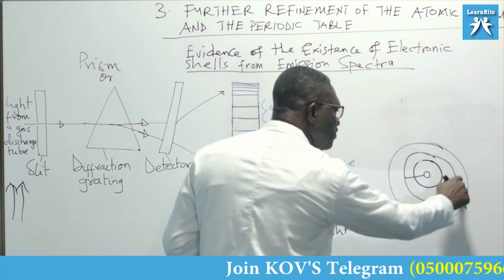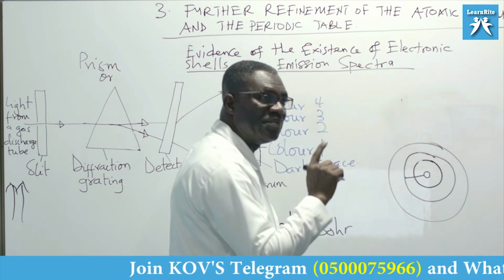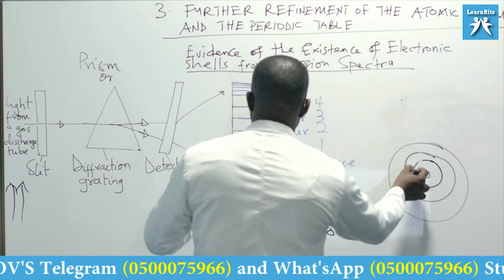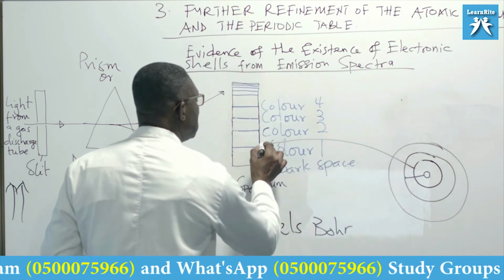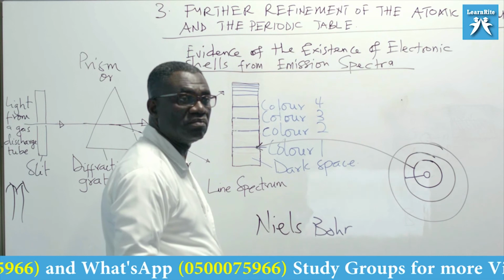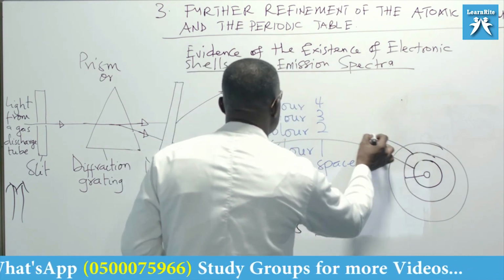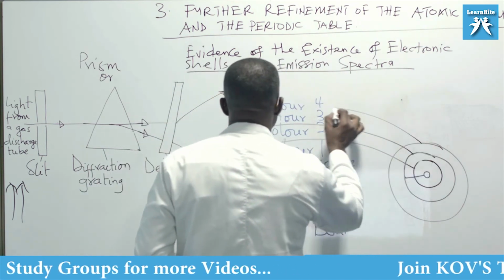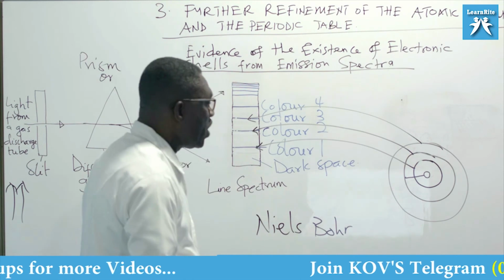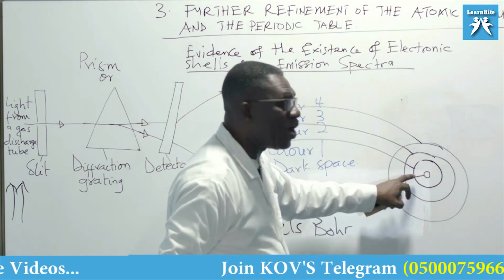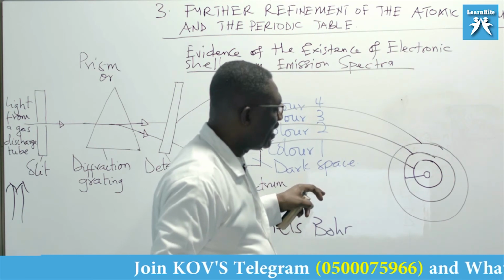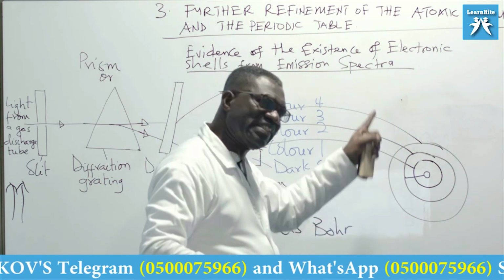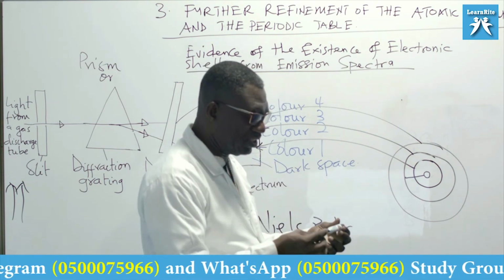Each circle that we have drawn here represents one particular line. So in this case, if I want to relate this line here to the diagram, I'll relate it to this line. And then my second orbit can be related to the second line. My third orbit here can be related to the third line. Why? Because as you go out from the nucleus, electrons have higher energies. They must have higher energies to exist in those orbits or transition states or shells.